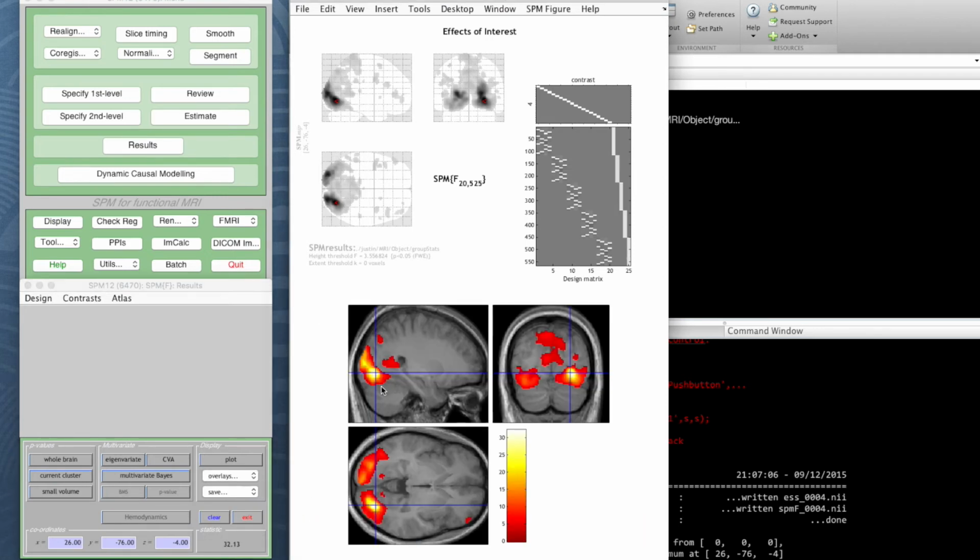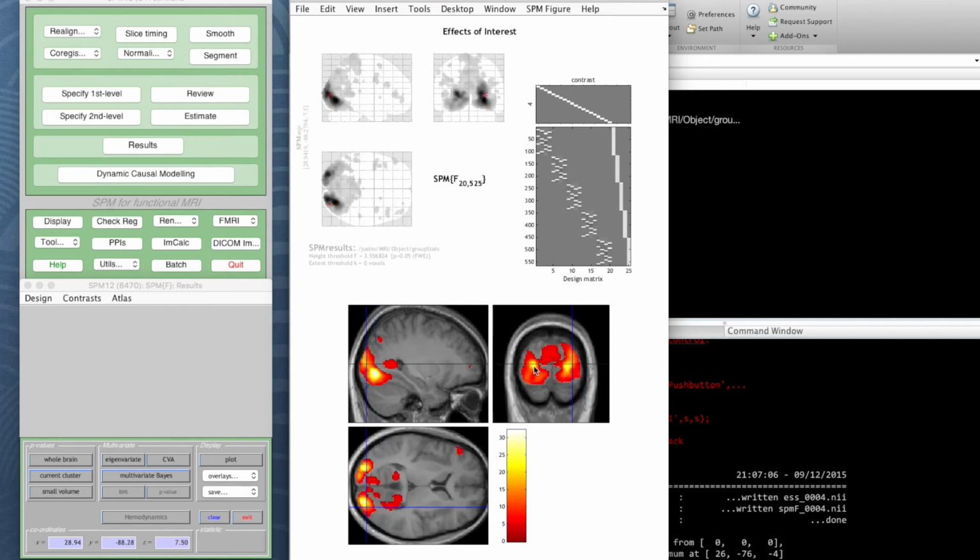So we've got a nice heat map, and what this is showing is, yes, we're getting things showing up on our ventral surface, but also we're getting other occipital regions showing up because we're modelling our 4 interesting experimental conditions against the baseline, if you recall, which is just a blank screen.